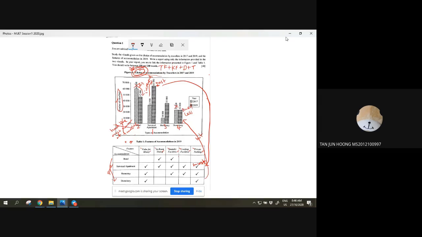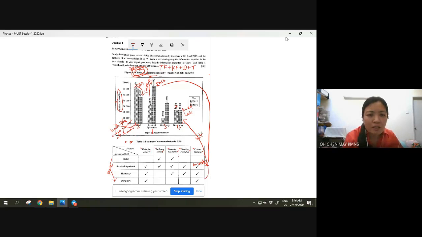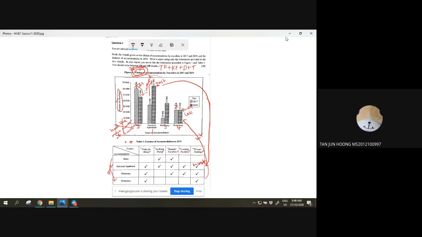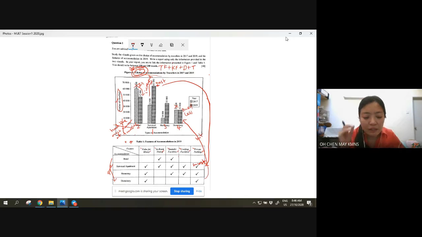So can, but it sounds a little bit weird. Although it is not grammatically wrong, sometimes you don't know, the marking schemes are very crazy. So I will go with the safe side. If you ask me, I will go with the safe side. Just say the number of travelers who chose. But they will probably give you the mark. I think so, probably, because you have the keyword there, choices.